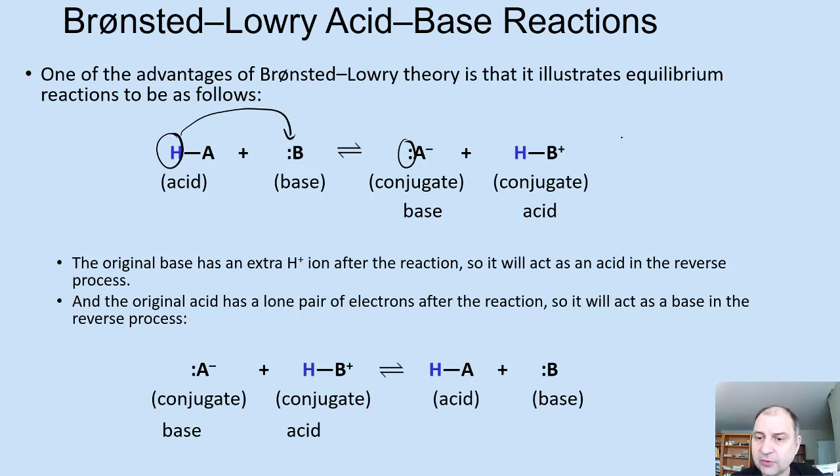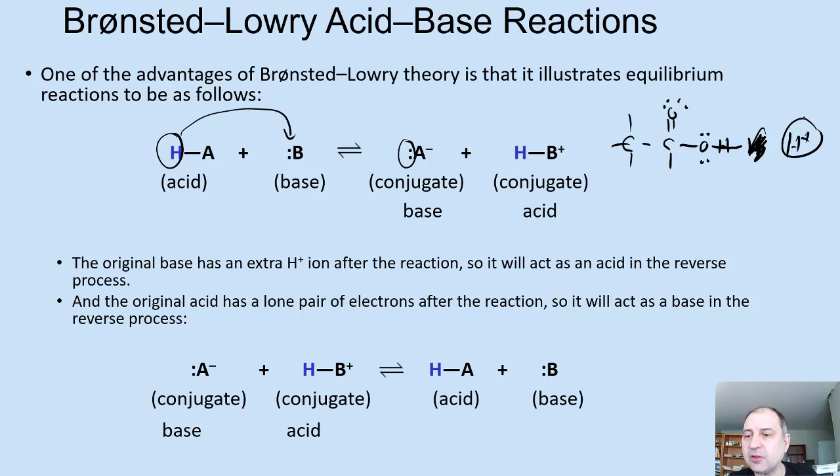And so if you look at the structure of acetate, you do have lone pairs here everywhere, but specifically what it's referring to is when this hydrogen bond is broken, an H plus is abstracted, and so that puts these two bonded electrons back onto that oxygen.